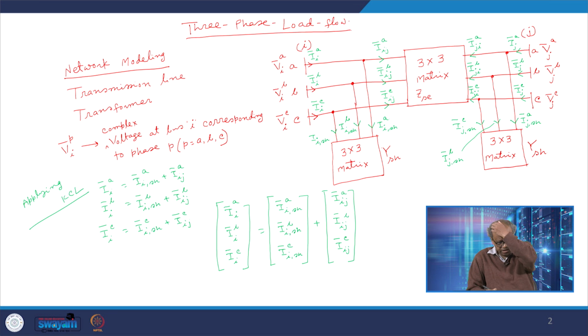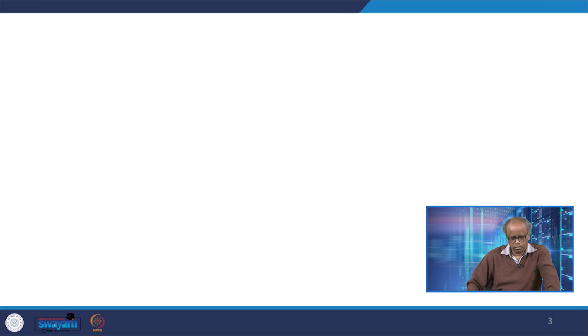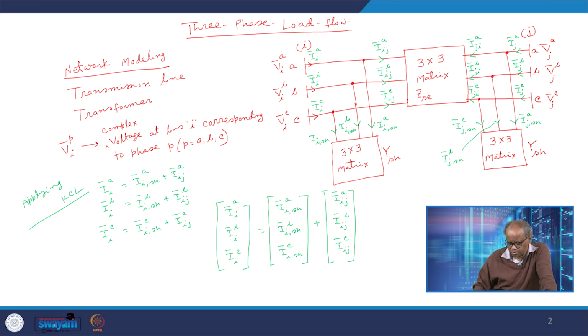Now Y_ij shunt. Please note Y shunt is a 3 cross 3 matrix. In fact, instead of saying Y shunt, I should say Y_ij shunt.